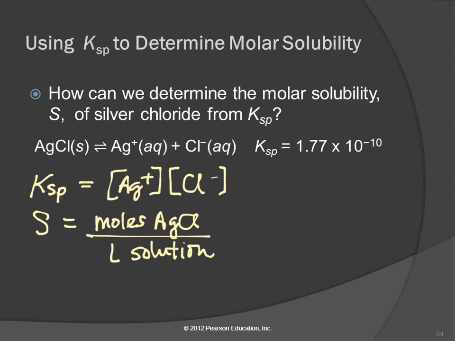The concentrations of these ions are in moles per liter. For every mole of silver chloride that dissolves, we get 1 mole of chloride ion and 1 mole of silver ion. So each of those equals S. So that's going to equal the concentration of the silver ion, which is going to equal the concentration of the chloride ion. Does that make any sense?